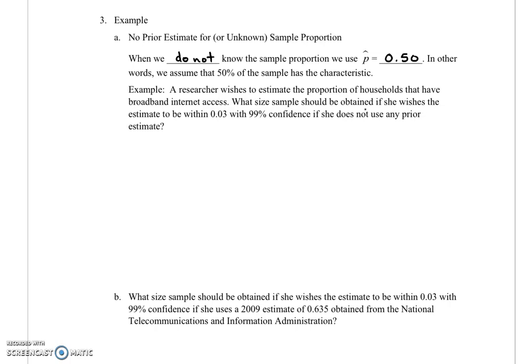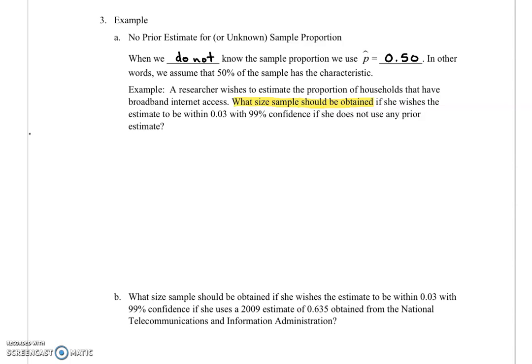So a researcher wishes to estimate the proportion of households that have broadband internet access. What size sample should be obtained if she wishes, so here are the key words, what size sample should be obtained? That means find the minimum sample size.